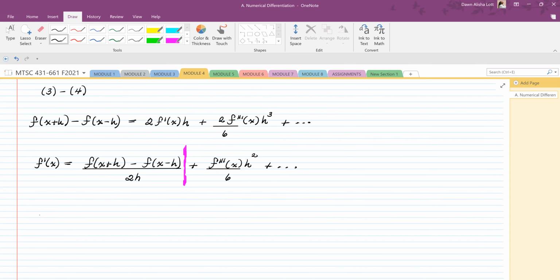And I get f prime of x is equal to f at x plus h minus f at x minus h all over, uh-oh, that is not equals, that is approximate, over 2h plus O of h squared.